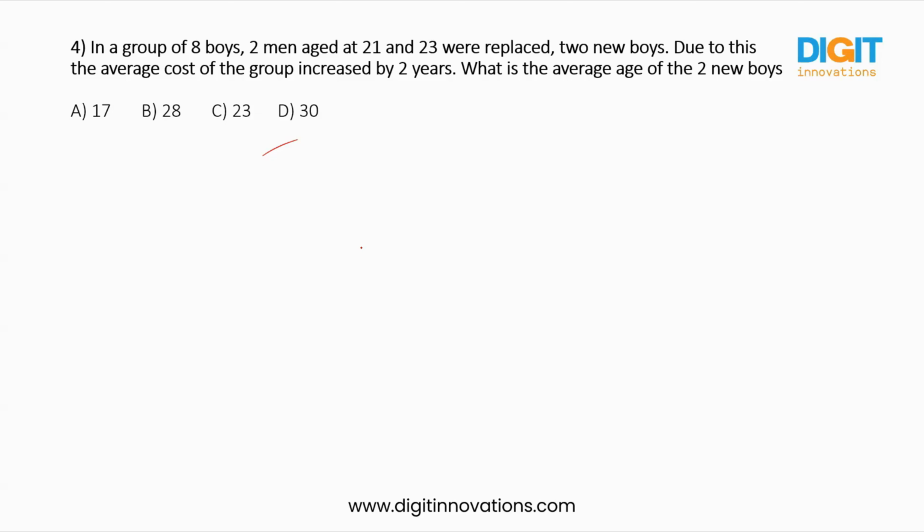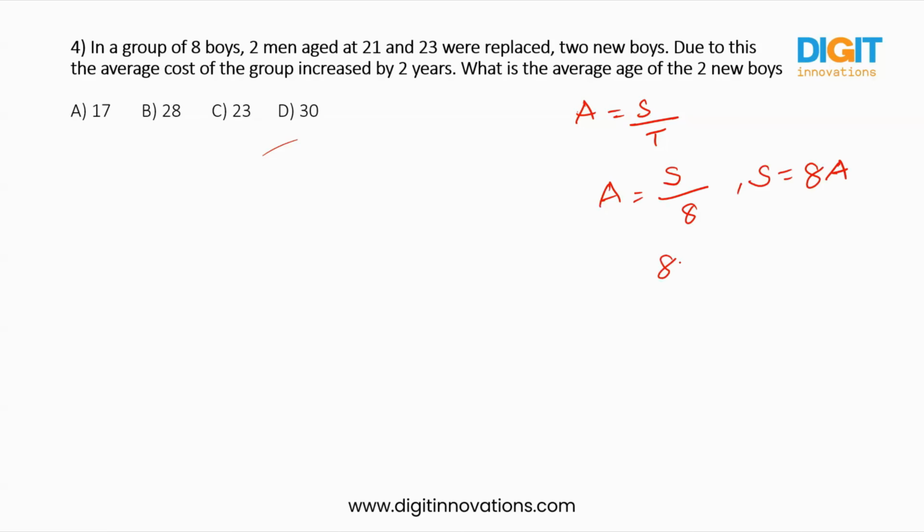Okay, I'm just using the formula, average equal to sum of observations by total number of persons. So if I take average as A, and the sum we don't know, I'll take it as S. And total, how many are there? 8 members. So sum will be 8A. So this is before replacing.